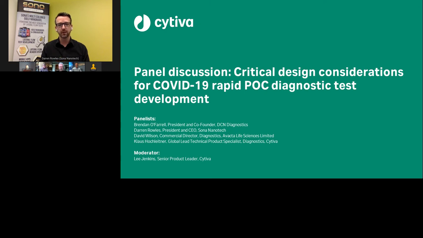Initially we're focusing on the nasopharyngeal swab type systems. But our platform and our process is easily adaptable to other matrices, including saliva as well. But our first priority really is to see a critical path to developing a test utilizing a nasopharyngeal swab.